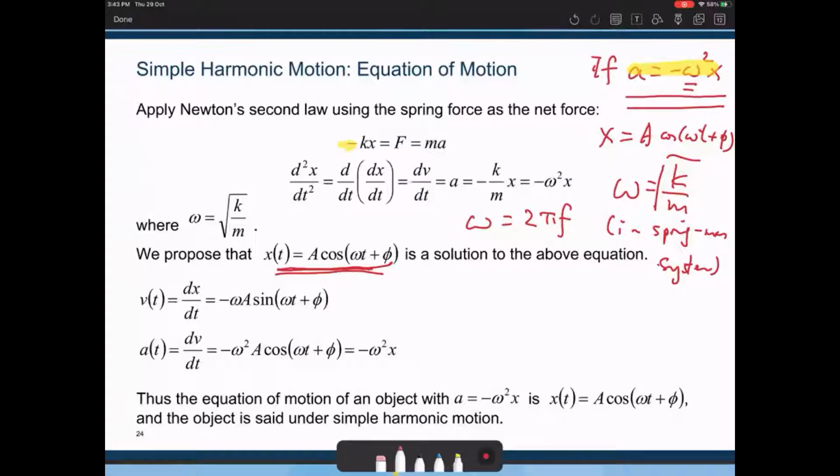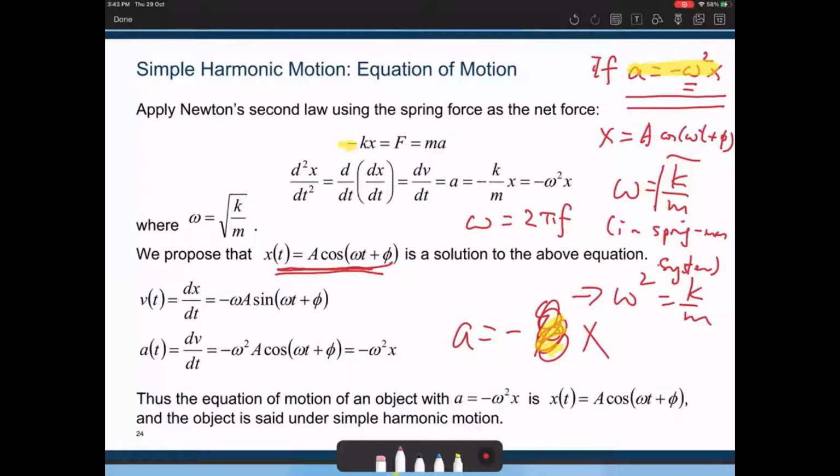But as long as you have a equals to minus something times x, this something would be equal to omega squared. And here, the something happens to be k over m. That is how we understand this.